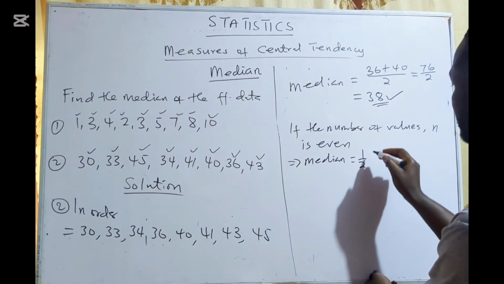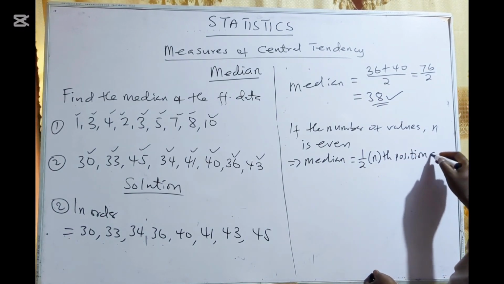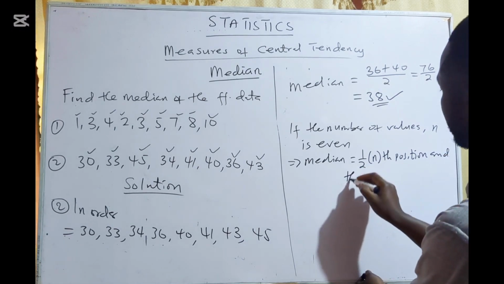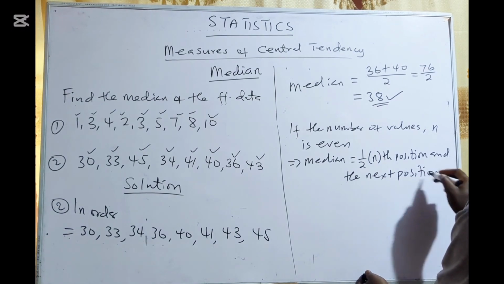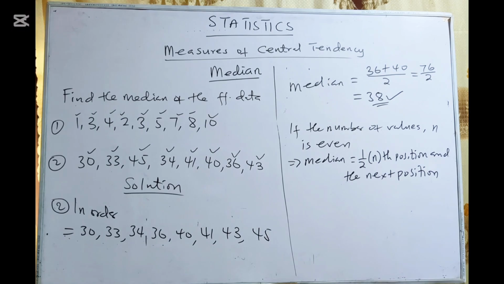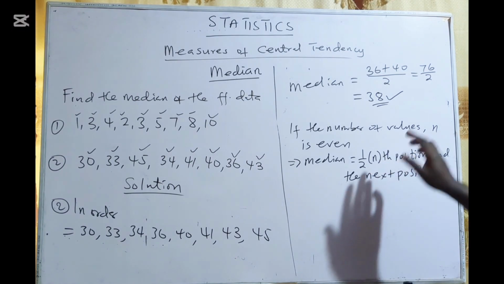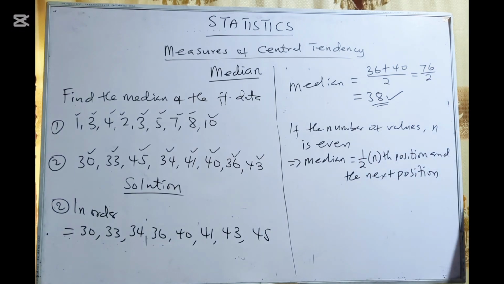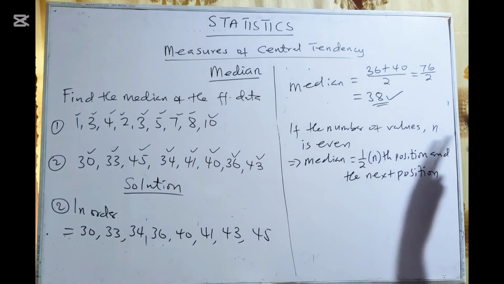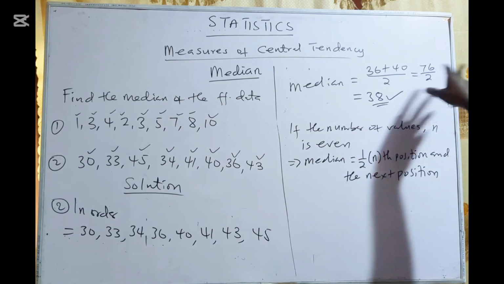Half of the nth position and the next position. Okay, so if it is even, then there will be 2 numbers in the middle. So don't add 1 to it. Half of the nth position and then the next position. Those 2 positions will be where the median is. Then when you get the two values, you add and divide by 2.